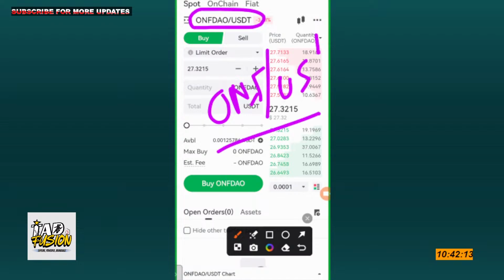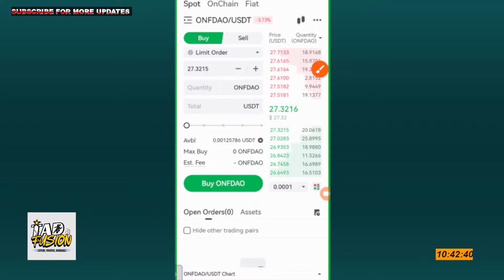That means in Jucoin, I can get my USDT, then I get ONF, or I can have ONF and get USDT. Are you getting the point? At the same time, I can use USDT and get ONF.